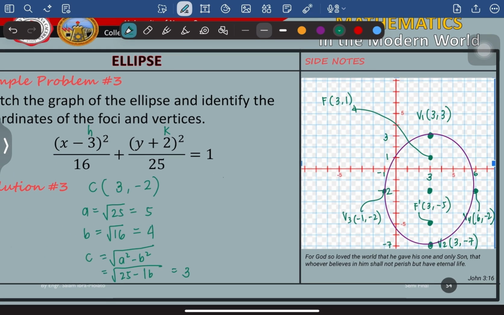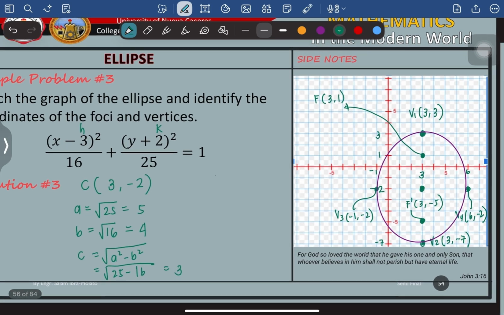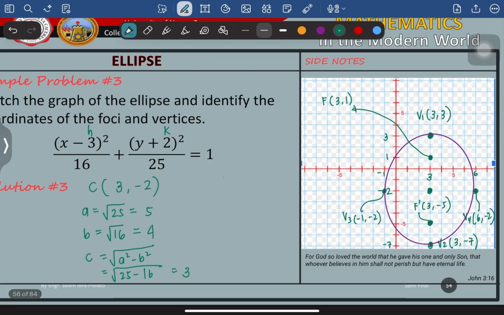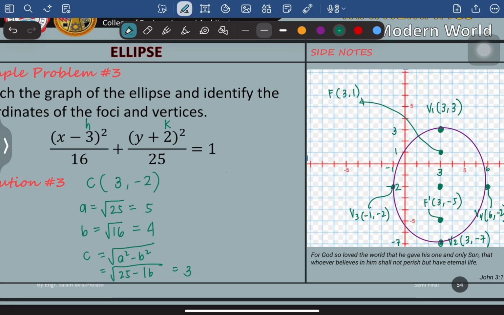So to summarize, these are the coordinates of the vertices for major axis.